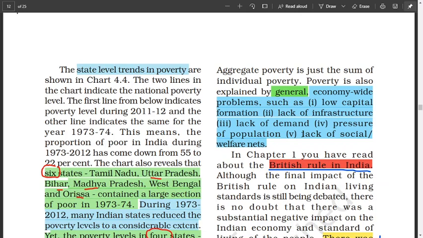So you understand, there is a mismatch between capital formation, investment, and population. There is low capital formation and high population. That's why we have a huge problem.